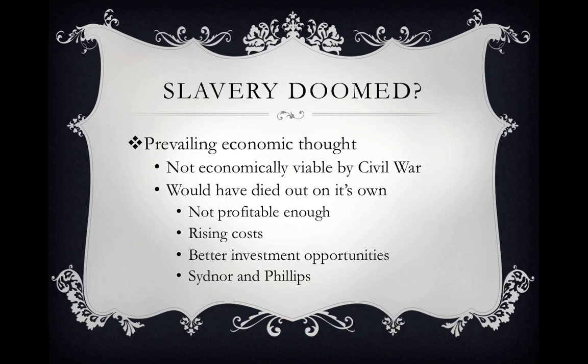Therefore, people would have substituted away and purchased fewer slaves and purchased other investments that provided a greater rate of return on their investment. And that's the thoughts of Sidner and Phillips. They were the two main proponents of the view that slavery was doomed, that it was dying under its own weight, that as prices of slaves were going up, the plantation labor system was becoming less and less viable over time.